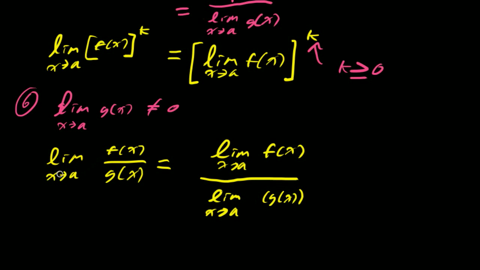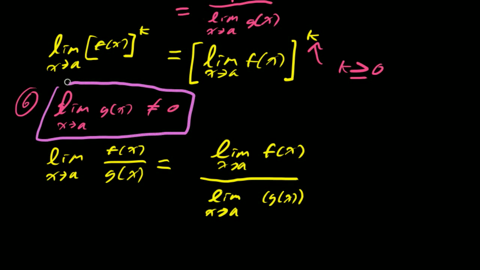So this is like saying the limit of a ratio is equal to the ratio of the limits. Again, you can say that we're really just distributing this limit operator into these two functions. And remember that we can only concretely say this when we have this condition that the limit of the function g of x as x gets really close to a can't be equal to 0. Because if we didn't have that, then we could have a situation where we were dividing by 0.